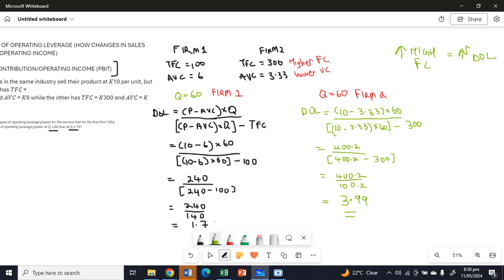Even when you're calculating the degree of operating leverage for any firm, if you see it has a high degree of operating leverage, you should know that in that firm's cost structure there are high fixed costs. The fixed costs are higher than the variable costs. All right. Any questions before we move further?